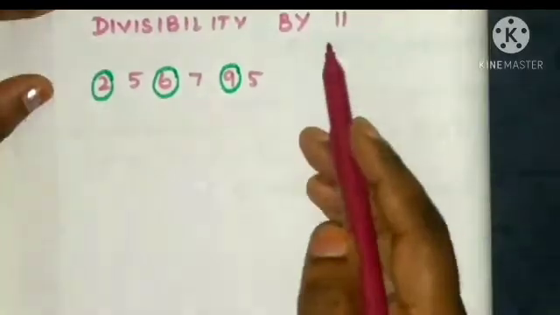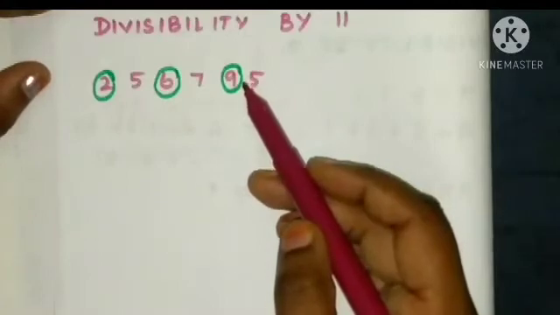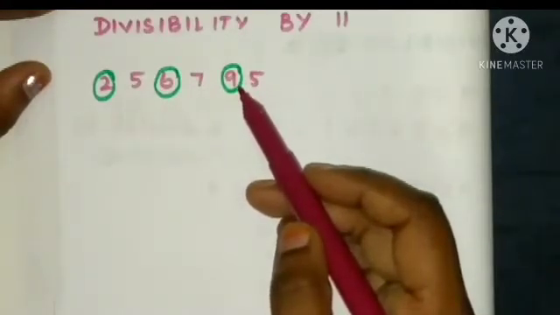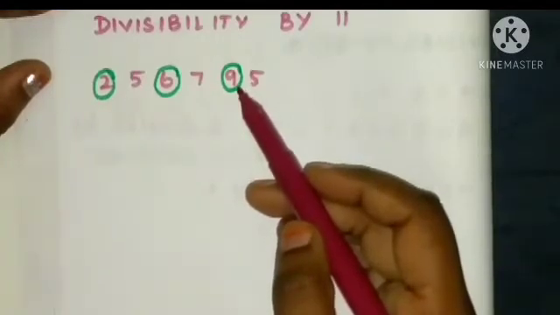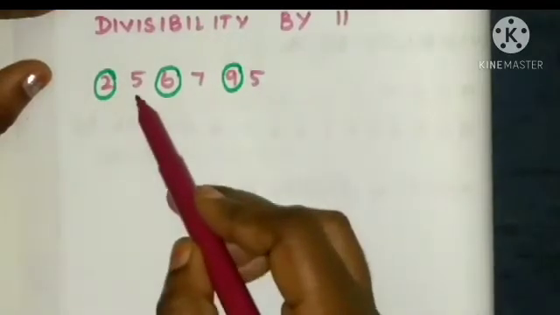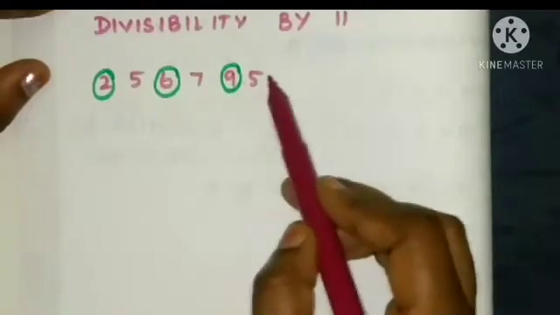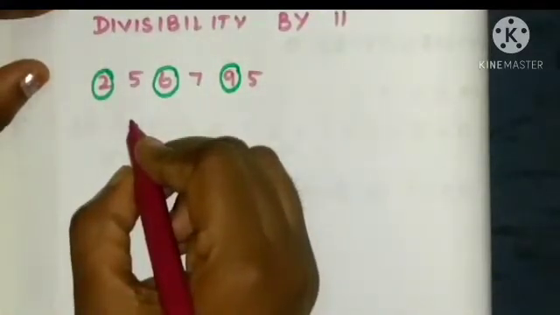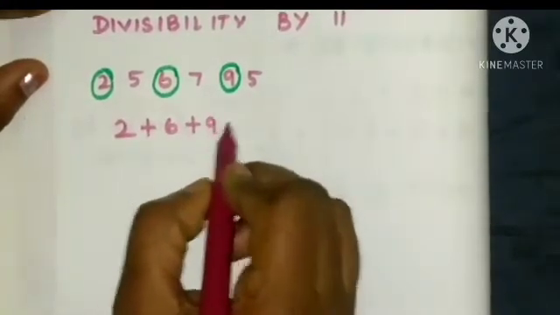Divisibility by 11. The rule for divisibility by 11 is a number is divisible by 11 if the difference between the sum of alternative digits of a number is either 0 or divisible by 11. The alternative digits are 2, then leave 5, 6, then leave 7, then 9, leave 5. First let's find the sum of alternative digits. 2 plus 6 plus 9.